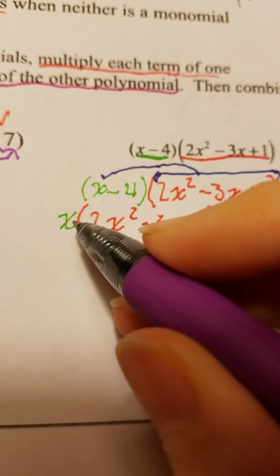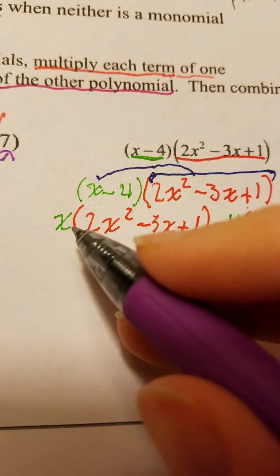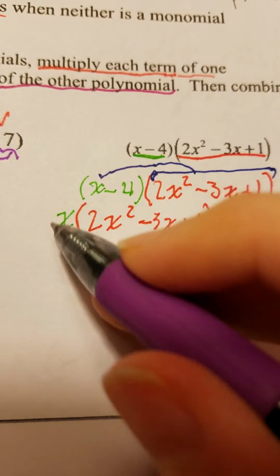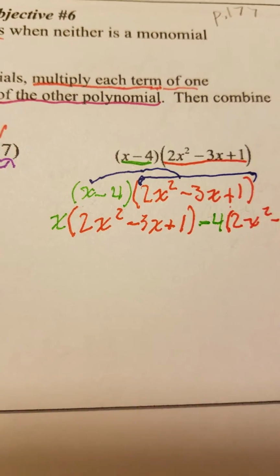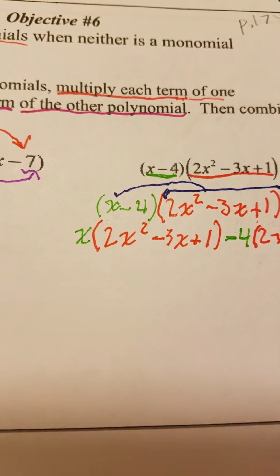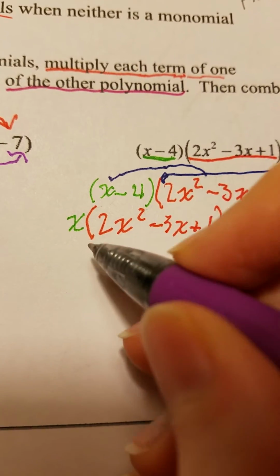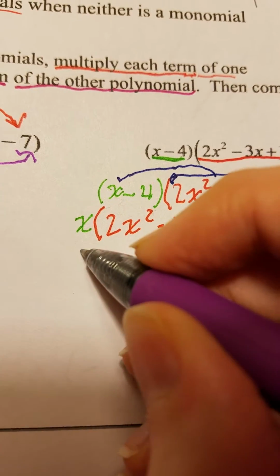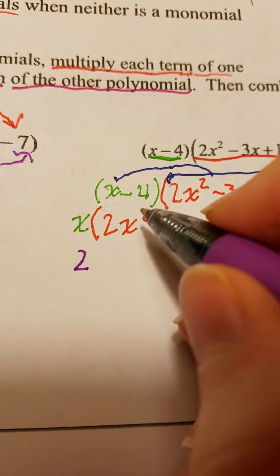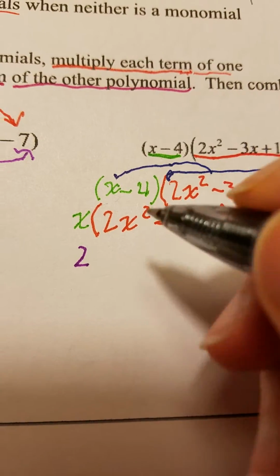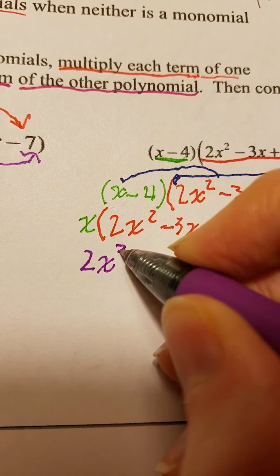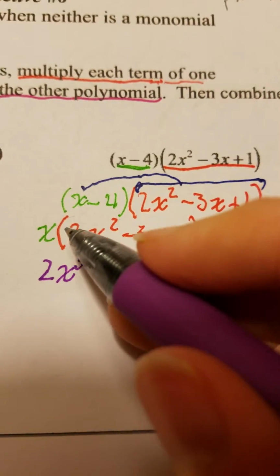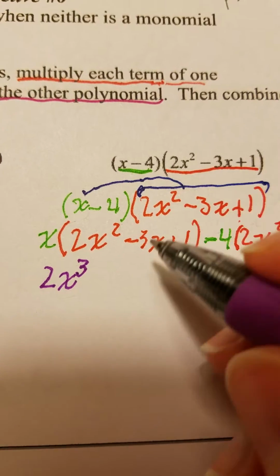So you distribute your x to all of these. Okay, so let's think, there's a 1 here, which means every number in here is going to remain the same. So 1x times 2x squared. Well, 1 times 2 is 2, and 2 plus 1 is 3, so it would be 2x cubed. 1x times negative 3x.